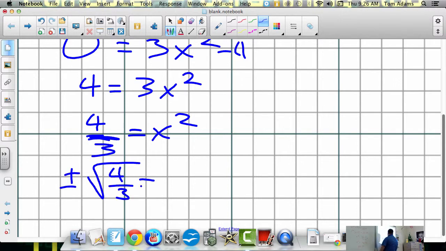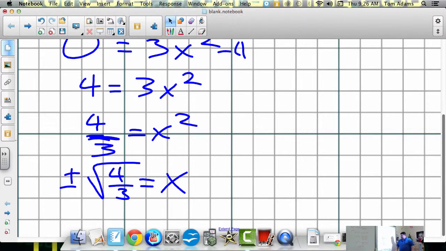Plus or minus the square root of 4 over 3. Can I do better than that? Probably. I could probably pull out the 4 and toss the 2 to the front. But since it's in your book like this, we'll just leave it alone. So those are the 2 zeros.